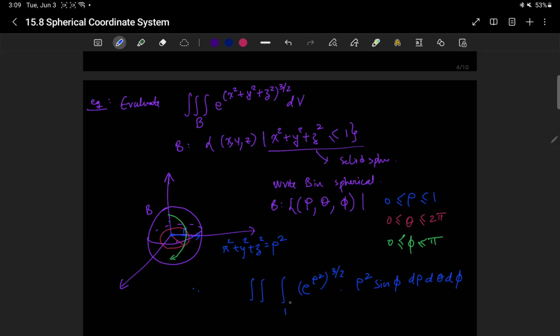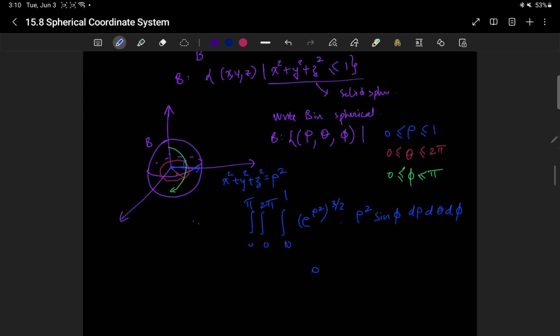This goes from 0 to 1, this goes from 0 to 2 pi, and this goes from 0 to pi. So this becomes e raised to rho cubed, rho squared sine phi, d rho d theta d phi, with limits 0 to 1, 0 to 2 pi, and 0 to pi.